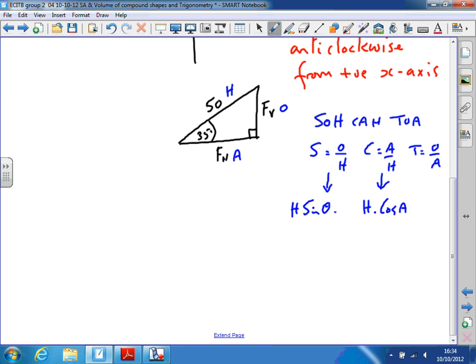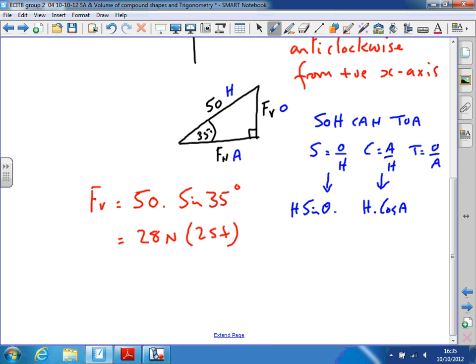So what do I do to find FV? It's the hypotenuse, which is 50. In other words, it's the force multiplied by the sine of 35 degrees. And then work that out, and I get 28 newtons rounded. So two significant figures there.